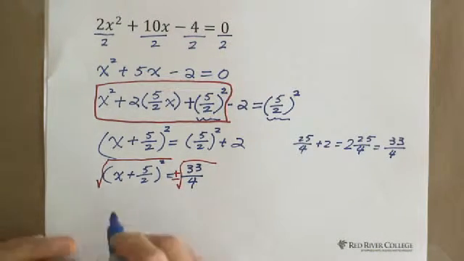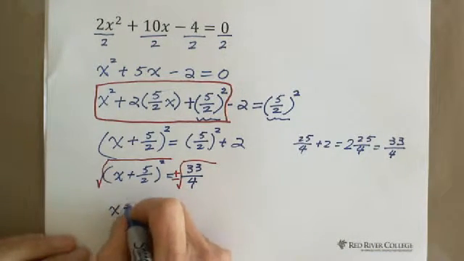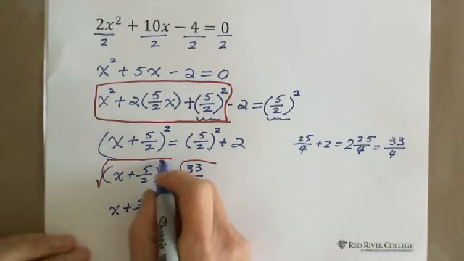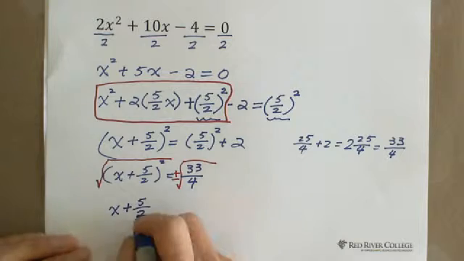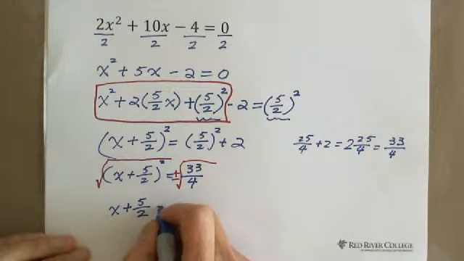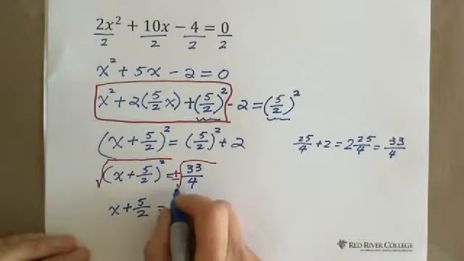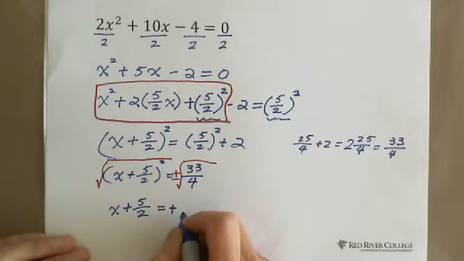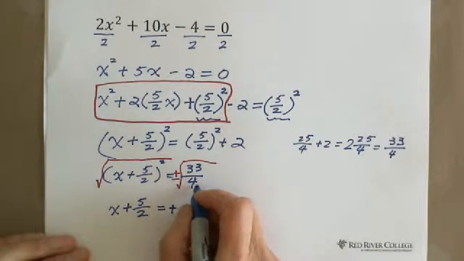After the square root, the square cancels with the square root, and we get x plus 5 over 2 equals positive or negative the square root of 33 over 4.